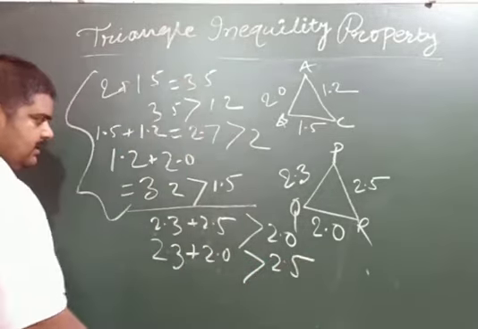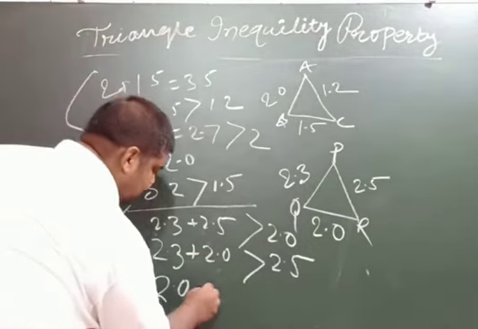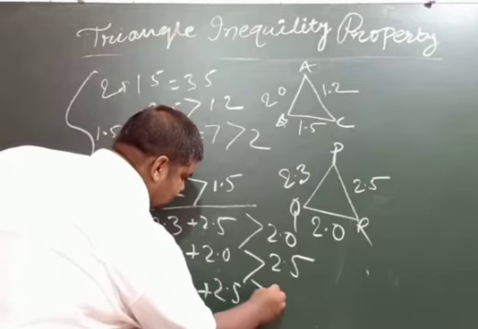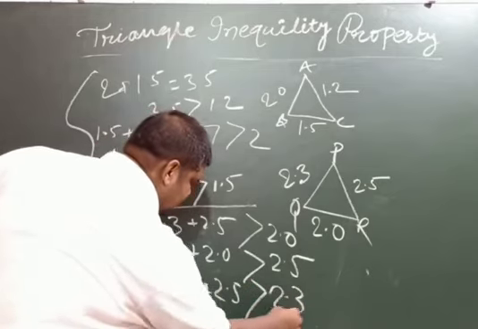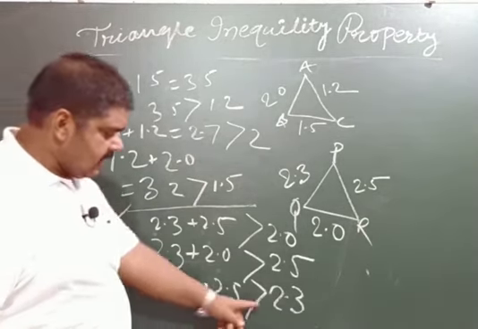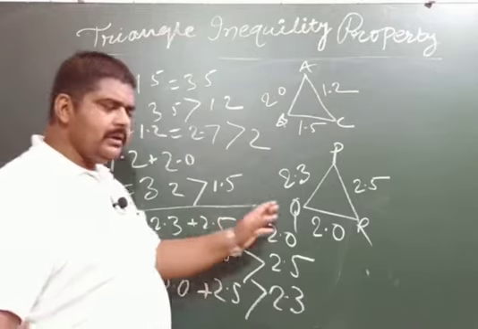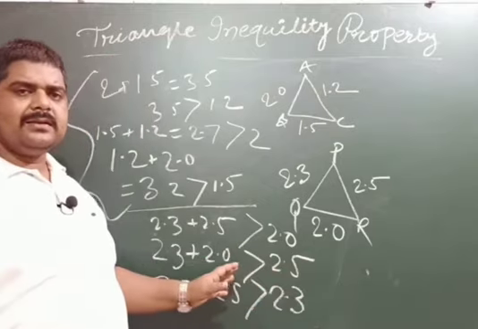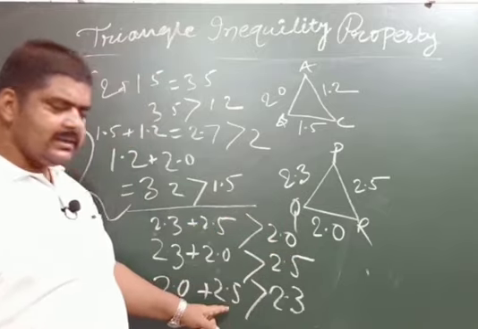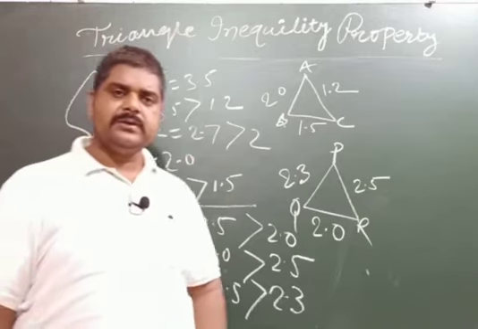And similarly, add 2.0 plus 2.5, which is 4.5, and it is greater than 2.3. So it follows the triangle inequality property, because the sum of any two sides is greater than the third side. This property is known as the triangle inequality property.